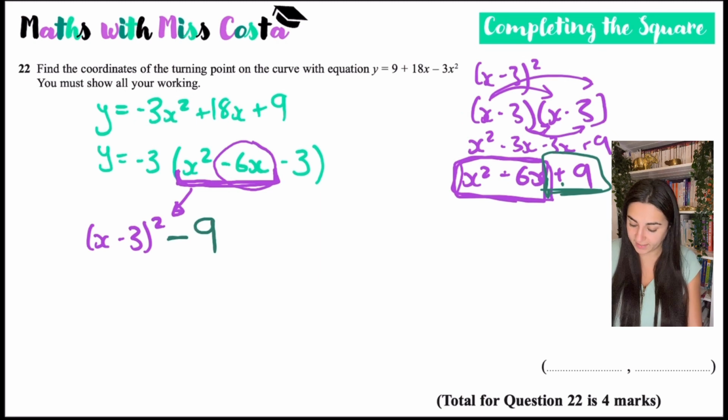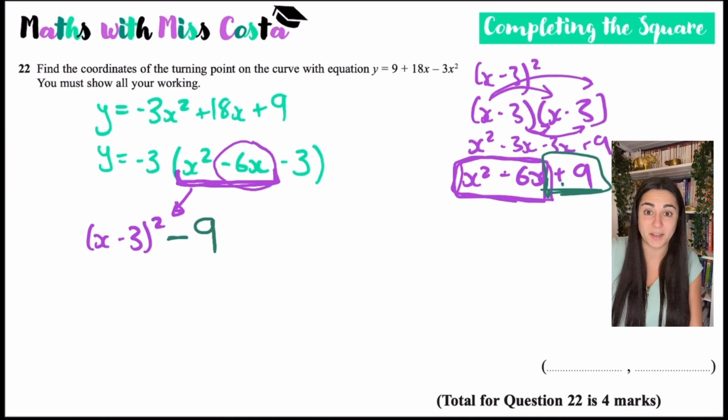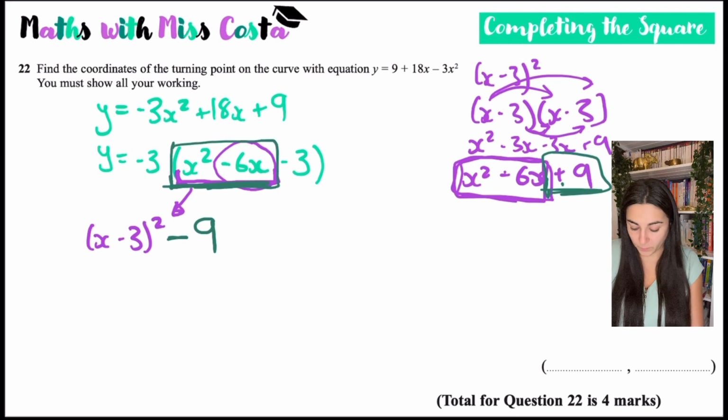Because if you put x squared take 6x into brackets, you'd end up with x squared take 6x plus 9. But you want to just have x squared take 6x. That's why we subtract the 9. So it's only this bit we're dealing with. That's why we have to make sure that we're subtracting the square of the number in the middle.